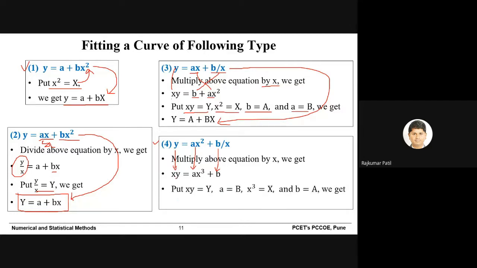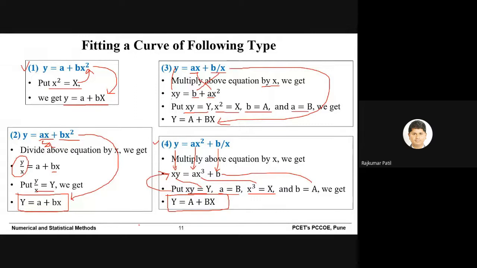So put xy is equal to capital Y, small a is equal to capital B, x cube is equal to capital X, and b is equal to capital A. And when you put all these values in this equation, what will you get? You will get the equation of a straight line, Y is equal to A plus BX.